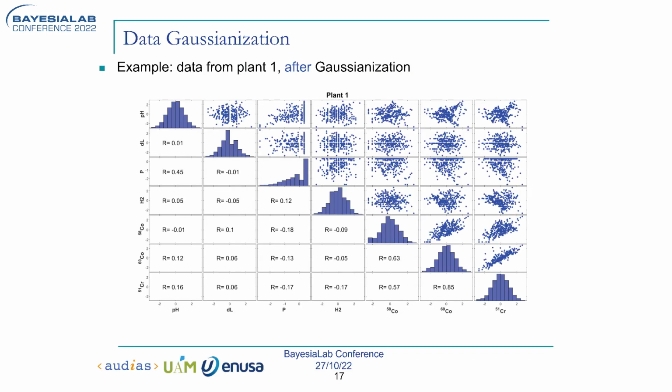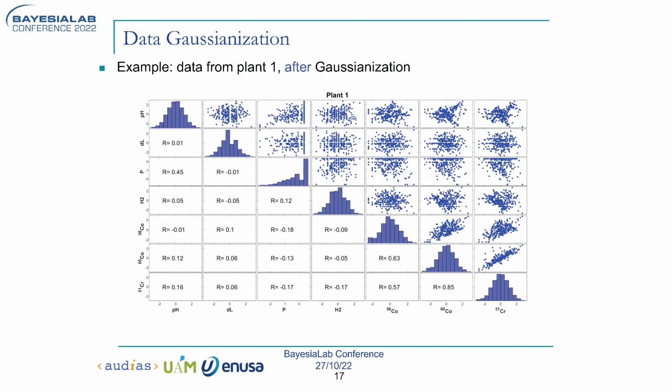As we can see, the distribution is not Gaussian, or at least it presents lots of outliers and it's scattered. Even the scatter plots are not very beautiful in the sense that they are not resembling known distributions, so it cannot be easily modeled as Gaussian. After the Gaussianization transformation, we obtain this. That is not perfect. There are some of the variables, like the power, for example, that cannot be easily Gaussianized, but the rest of the variables are Gaussianized in quite a systematic way.